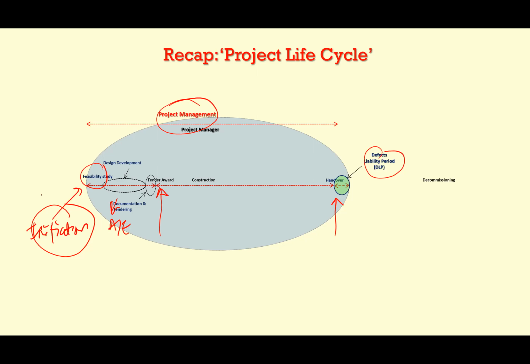But things will go through the whole process until the drawings and specifications are there. So that's what we call the project management process. Starting from here until here is a big, big scope area. Then how about construction?